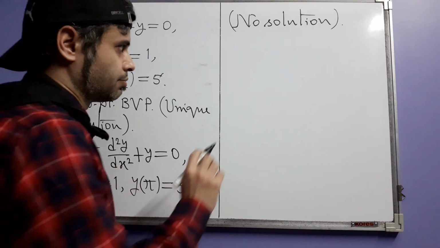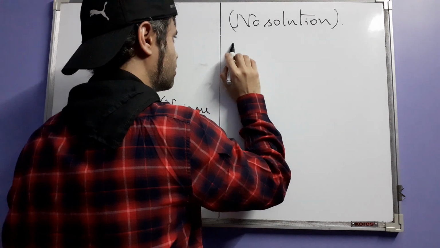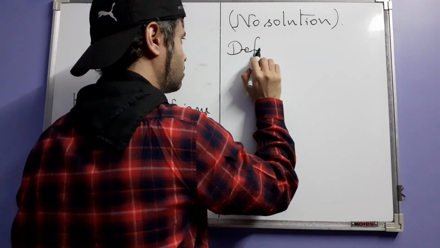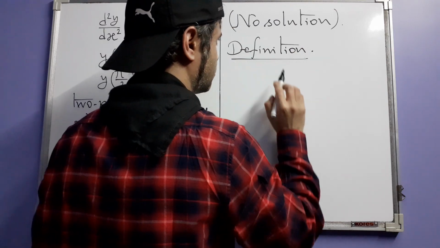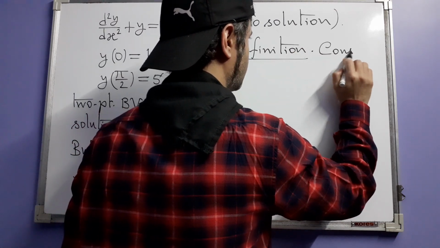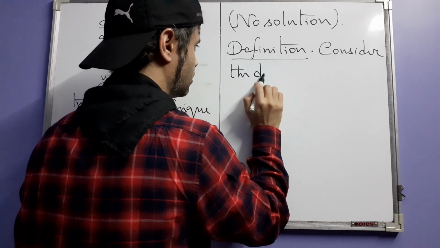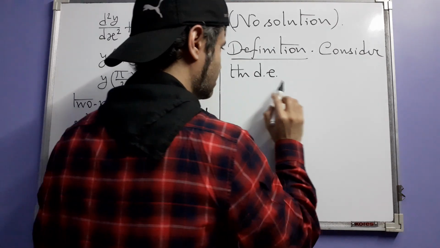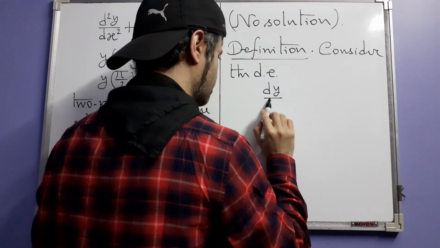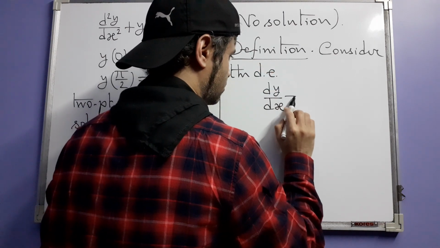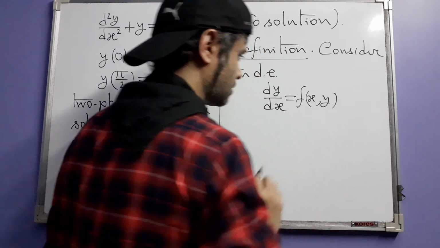Now let us first define some things. Okay, let us look at this definition. Consider the differential equation, first order differential equation, which we considered before also when discussing the geometric significance of such equations.